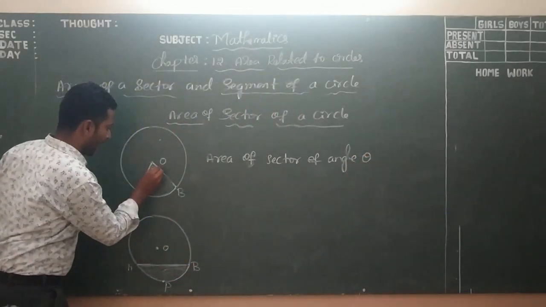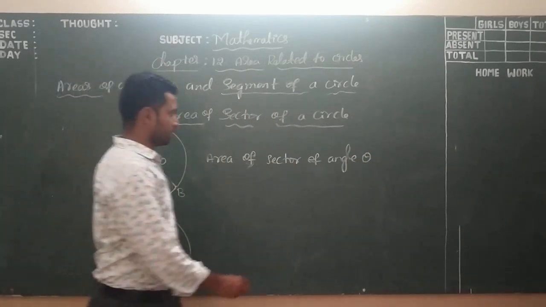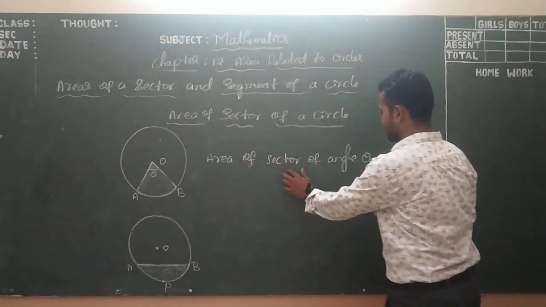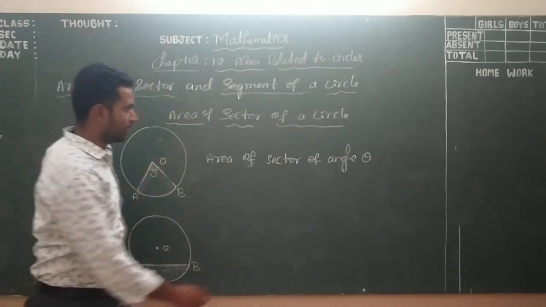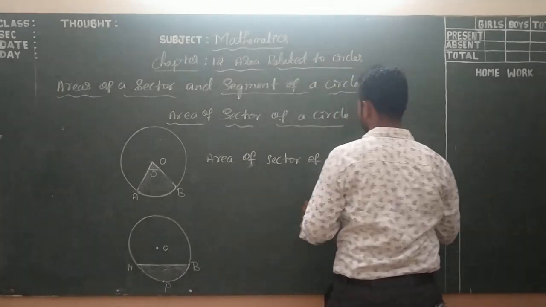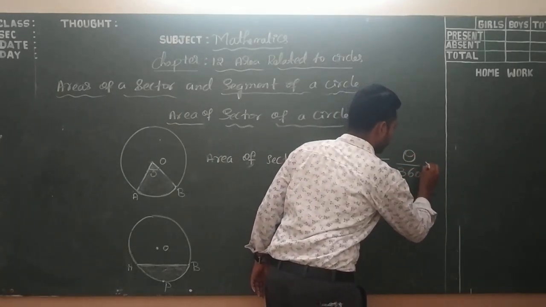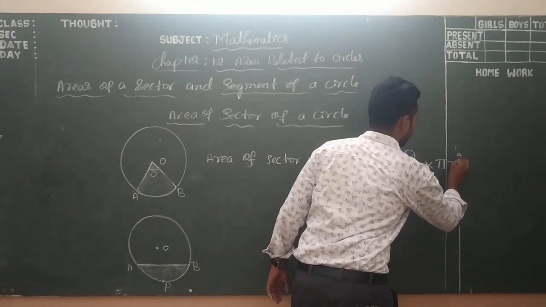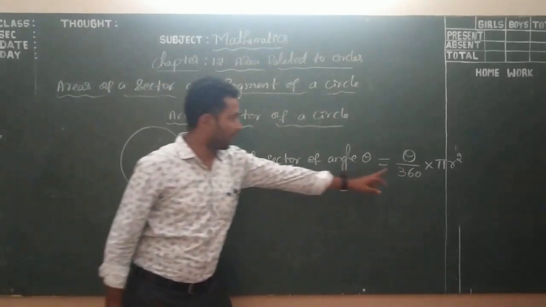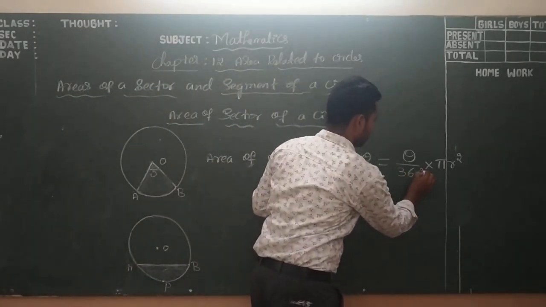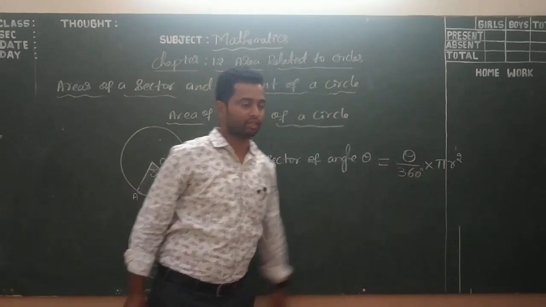See, this angle I call theta. The area of a sector of angle theta equals theta by 360 into pi r squared, where theta is the angle of the sector, 360 degrees, pi is 3.142, and r is the radius of the circle.